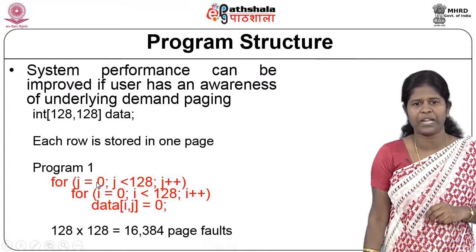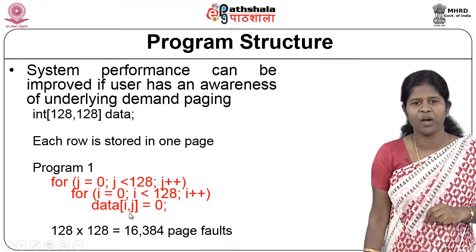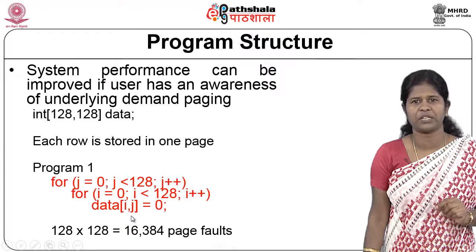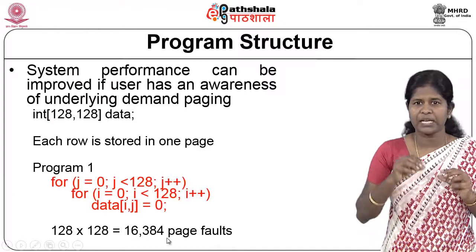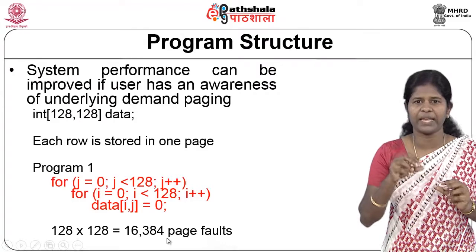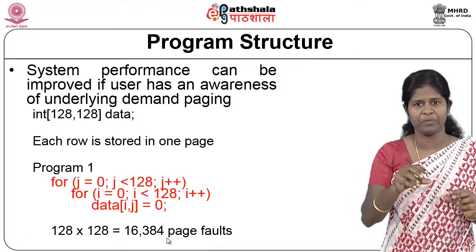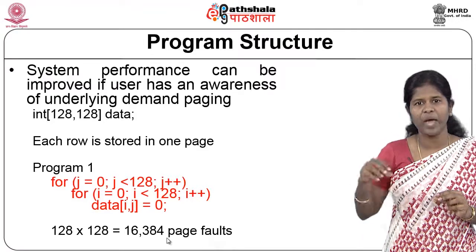The second element, j will be 0, i will be 1, so data of 1 comma 0 and so on. So, it will be data of 0 comma 0, data of 1 comma 0, data of 2 comma 0 and so on. That is, it will be referring to the first element in each of the rows. So, the first element in the first row, then the first element in the second row, the first element in the third row and so on.